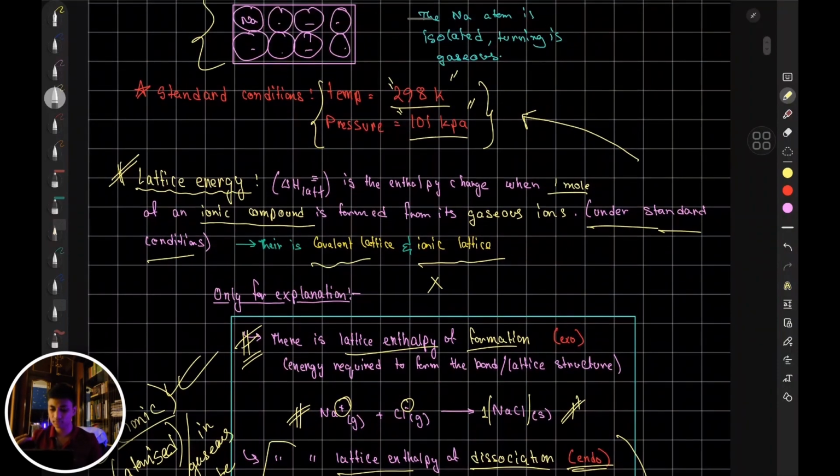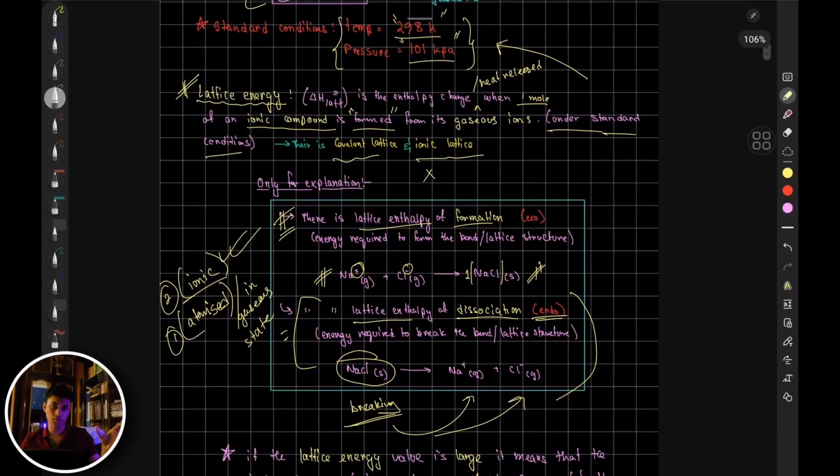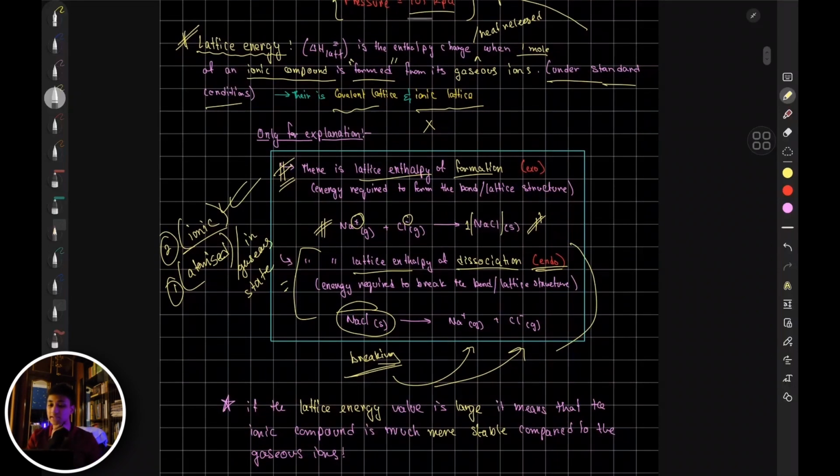Lattice energy is the enthalpy change or heat released when 1 mole of an ionic compound is formed from its gaseous ions under standard conditions. So what are you forming? Again, the lattice structure, the ionic compound from the gaseous ions, the gaseous positive ion and the gaseous negative ion. So that's basically the lattice energy.